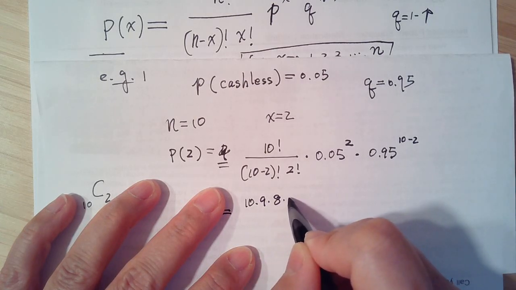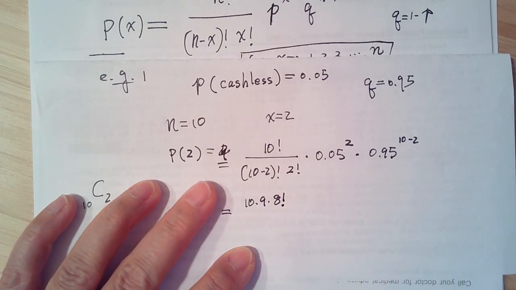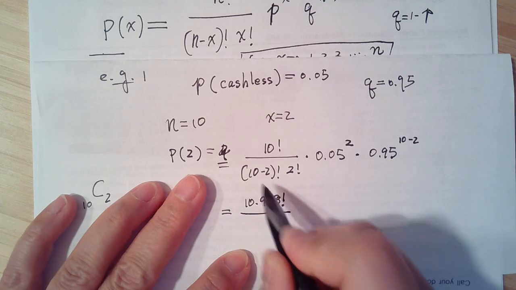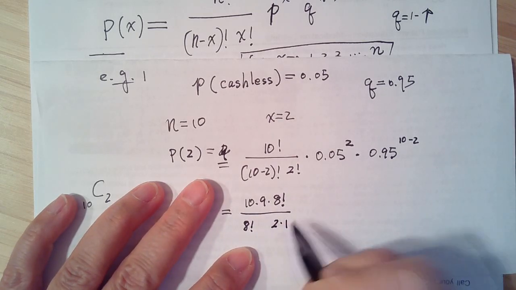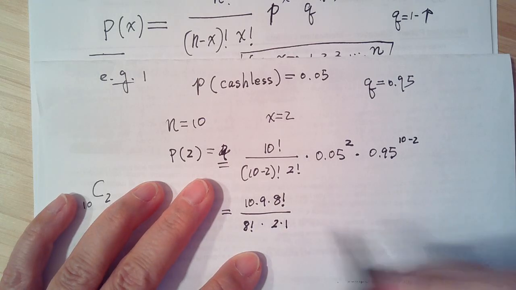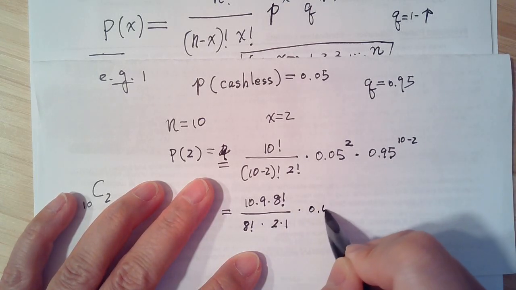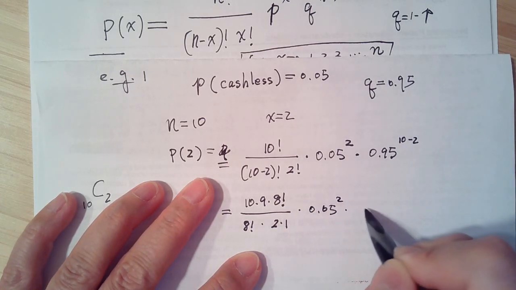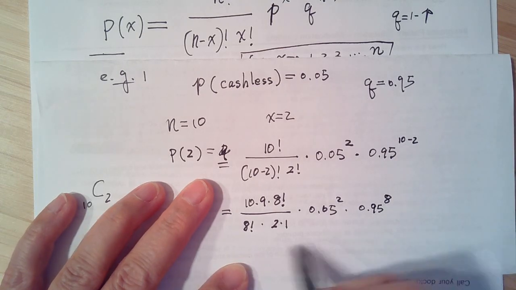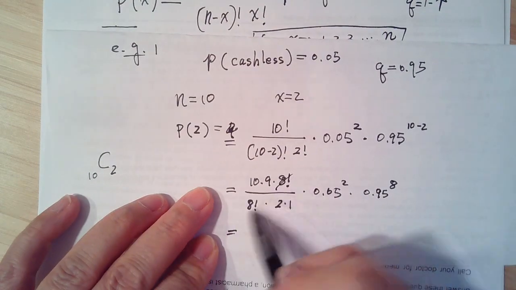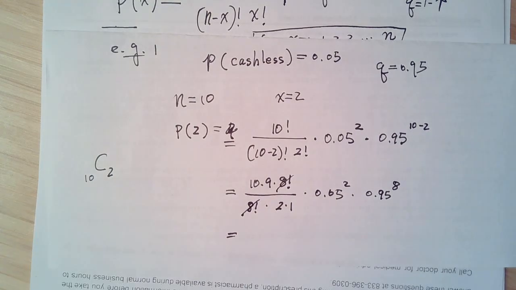If you want, you can keep writing, but you can just stop here and put 8 factorial, because down here you have 8 factorial, and then 2 times 1, that's the 2 factorial. Here's multiplication, and here's 0.05 squared, and here's 0.95 to the 8th, and this cancels out. So you can use the calculator.